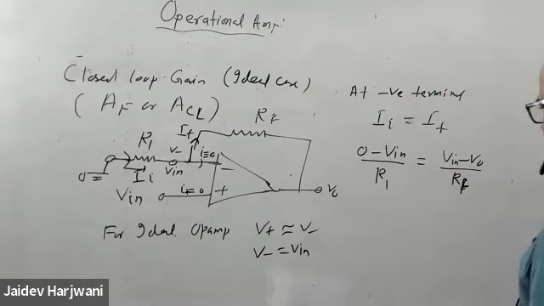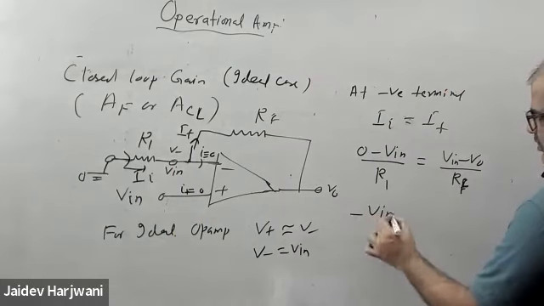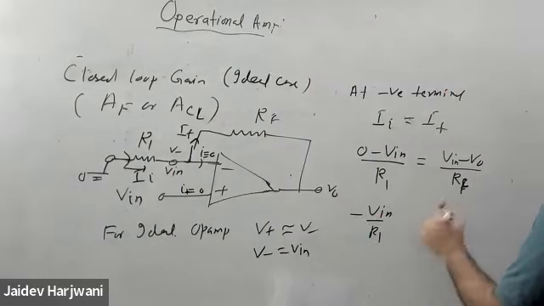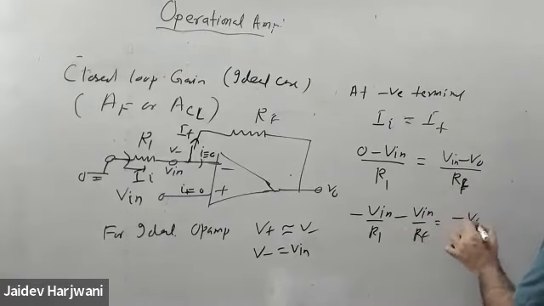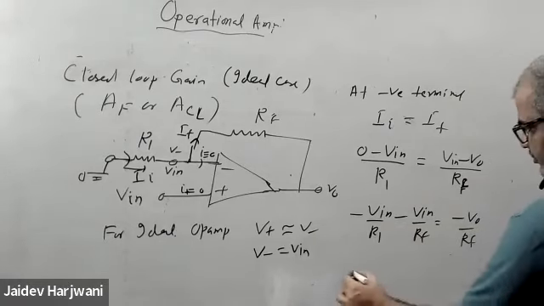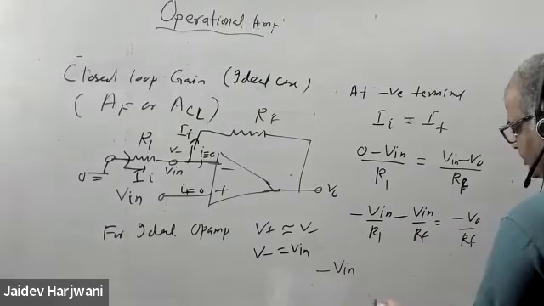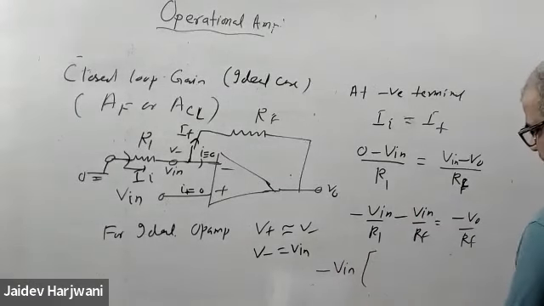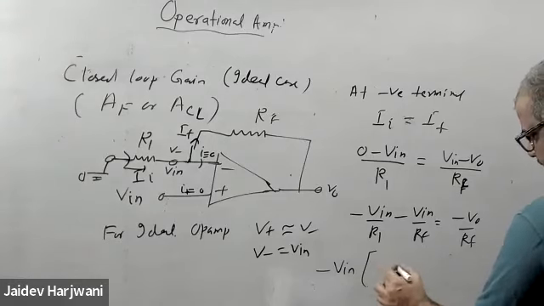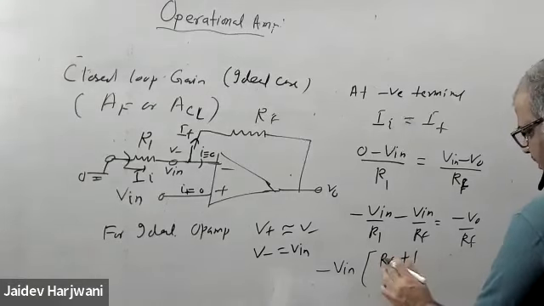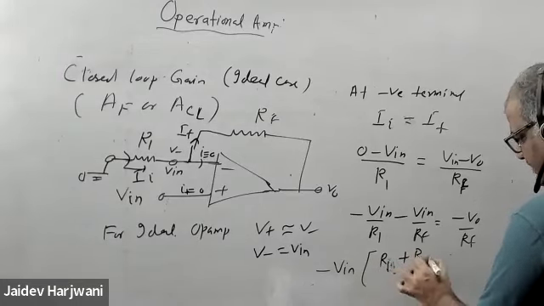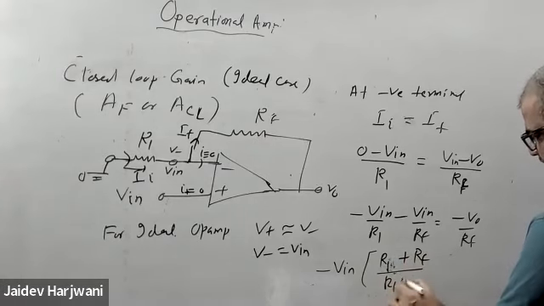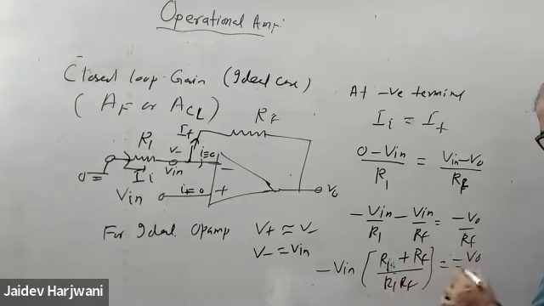If you solve this, you have minus V input upon R1, and you have minus V input upon RF, and then you have minus V naught upon RF, isn't it? Now if you take minus V input common, it will be (RF plus R1) upon R1 RF, minus V naught upon RF.